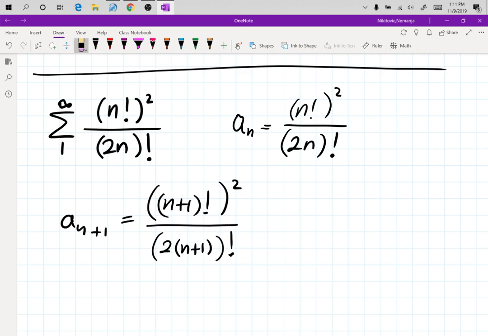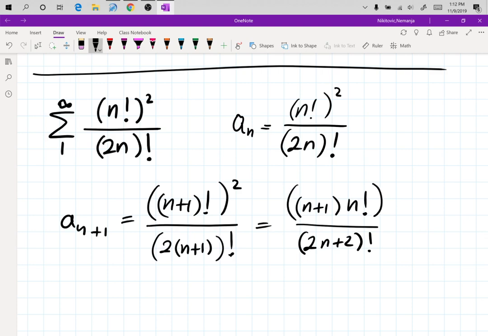So now we're just going to work out algebra. n plus 1 will be peeled off, and then we still have n factorial divided by, and now over here goes 2n plus 2 factorial. Oh, I forgot to square over here. Oops, there we go. So now I will have the n plus 1 squared and n factorial squared, because the square applies to each one of the factors inside the parenthesis.